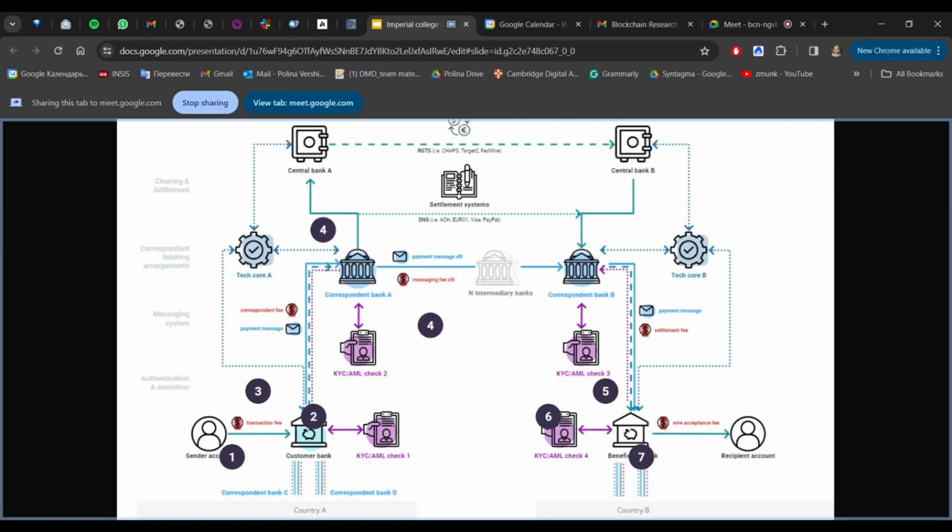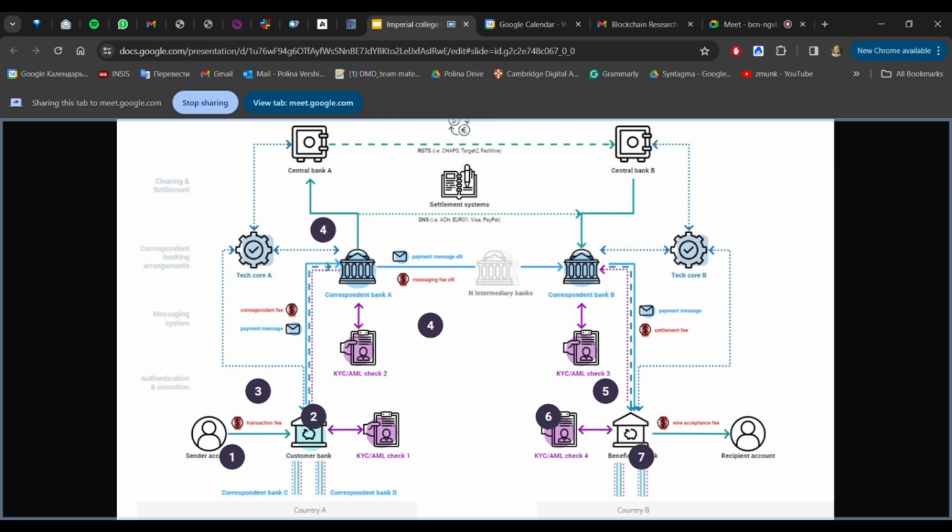Now you see 3 moments when there are message icons, meaning that the traditional system would take a long time, because all the communication, all settlement takes time, and on top of that, they hold risk for the banks and for the senders and recipients.